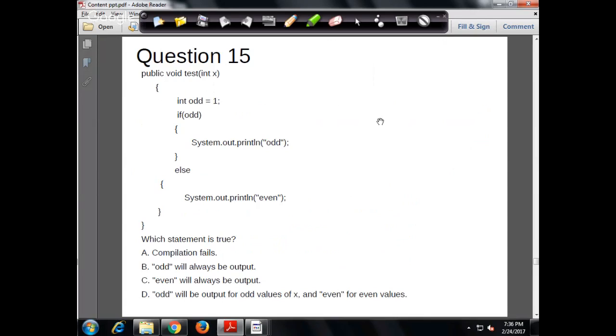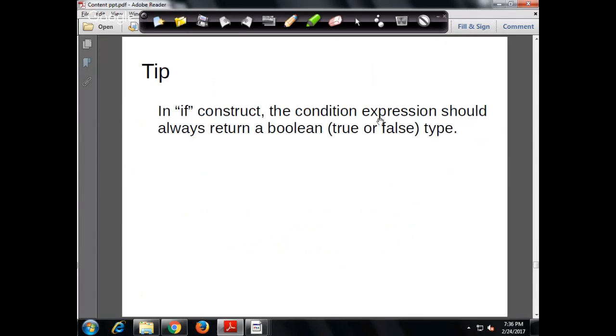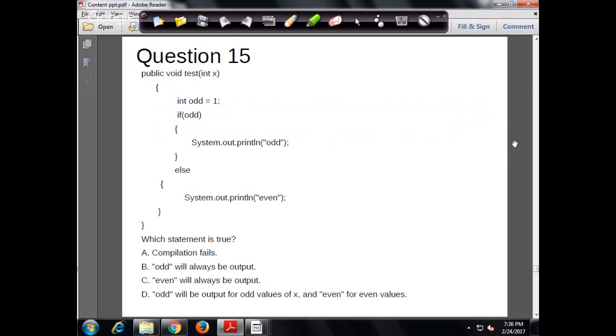Just very carefully have a look at the tip. Now that I have displayed the tip, I'm going to show you the question again, and I would suggest that you relook at the question based on what you have learned from the tip.